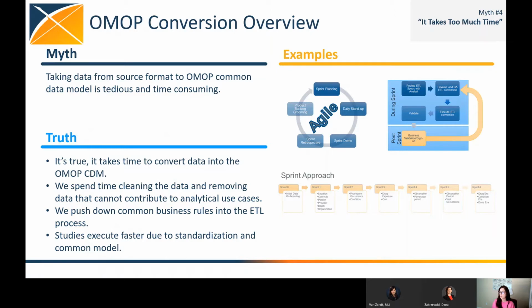And it is a little bit more time to set up, but once you're there, your studies execute so much faster. You can participate in network research, and you can leverage the entire catalog of OHDSI tools and resources that are available to you, and that really saves a lot more time than the time that's necessary up front.